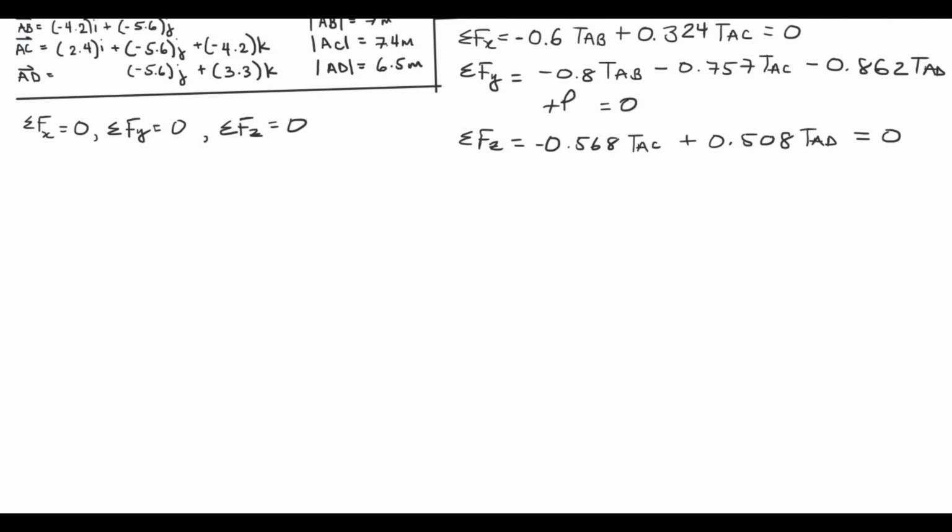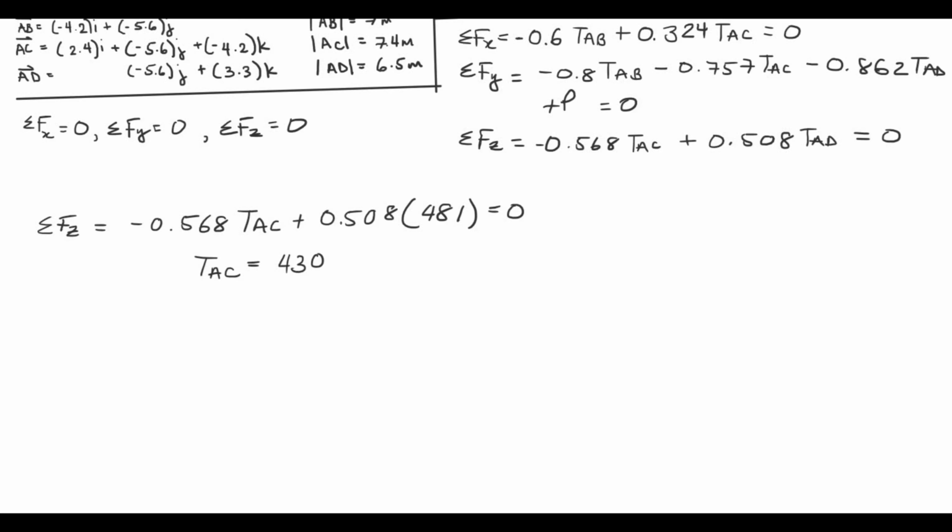So the sum of the forces in the z direction is equal to minus 0.568 times tension AC plus minus 0.508 times 481, which is equal to 0. Therefore, tension AC is equal to 430.19 newtons.